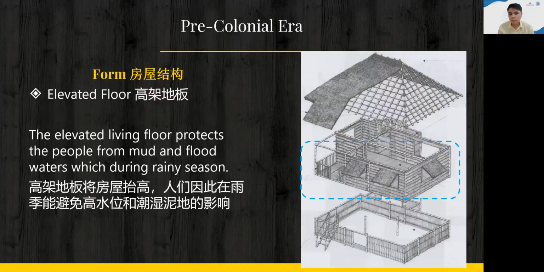The next one is the elevated floor. As discussed earlier, the Philippines is prone to typhoons and flooding. The elevated living floor protects the people from mud and flood during the rainy season.